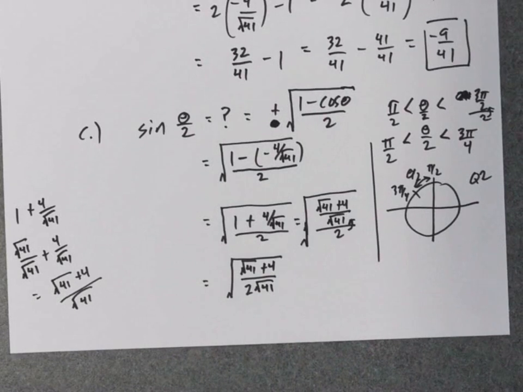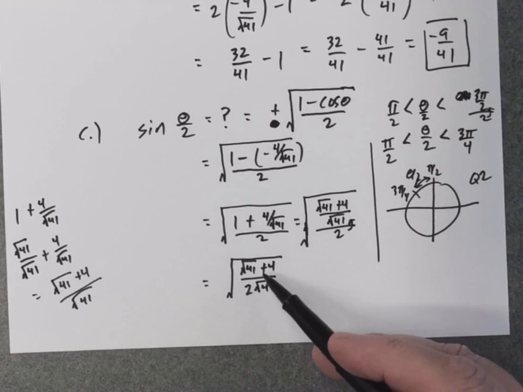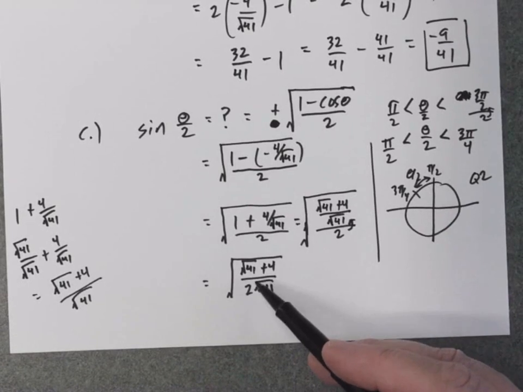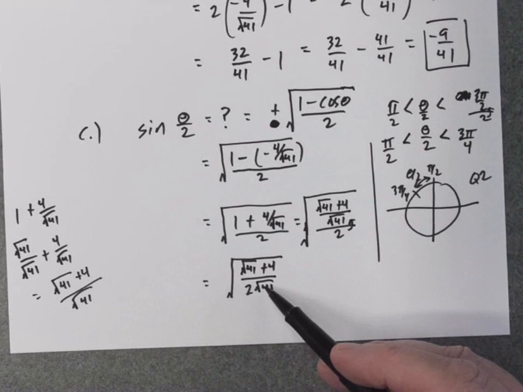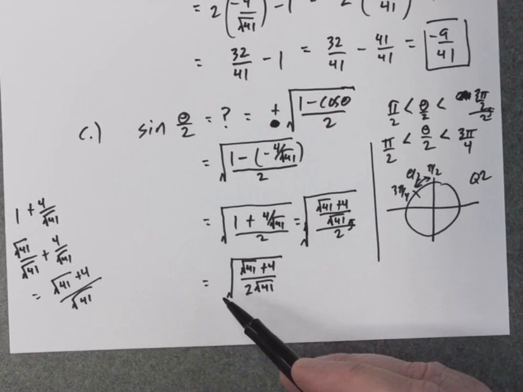Now, when I originally did this problem, and here's where math can be a little crazy, because I looked at this, and normally in math, I've got a fraction inside of a square root. They normally don't like you to leave a problem in that form.